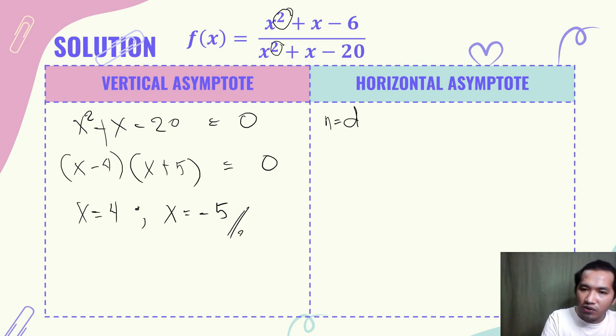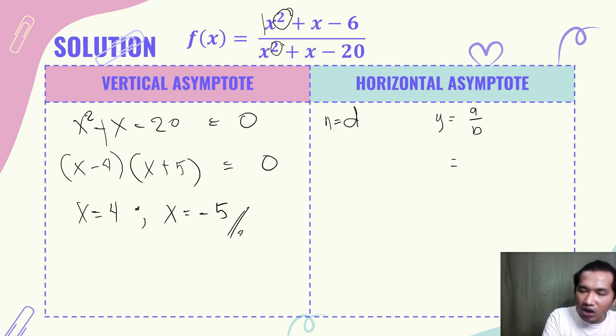So, we will make use of the formula y is equal to a all over b. What is our a? It is the leading coefficient of the highest degree term. The leading coefficient of our numerator is 1.